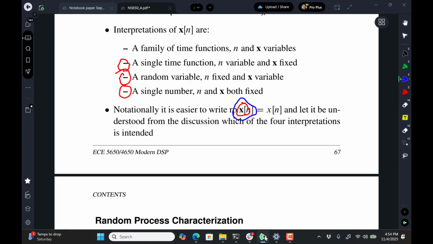What the book will do typically is just say it's x of n, just like it has been for every chapter so far. You have to understand, based on the discussion, is it deterministic, which means is it known, like is it a cosine, a unit step, a delta, etc., or has it got some random behavior? So you have to get that from the discussion.